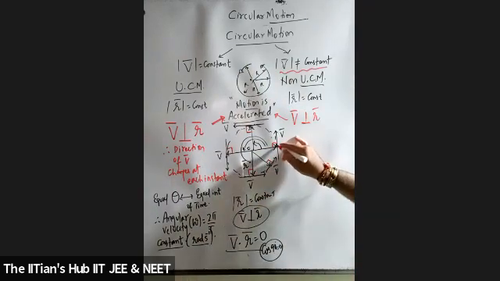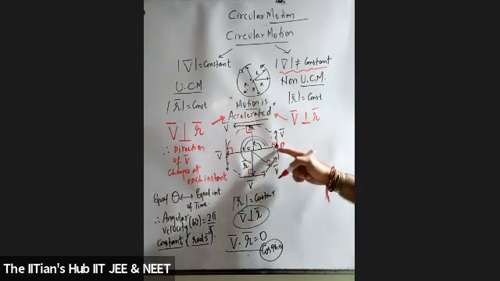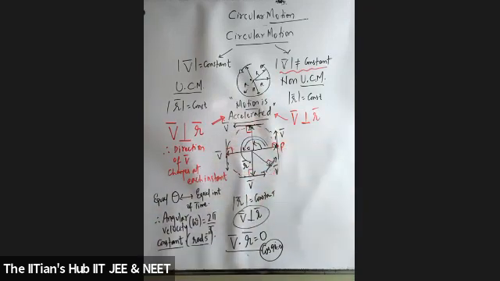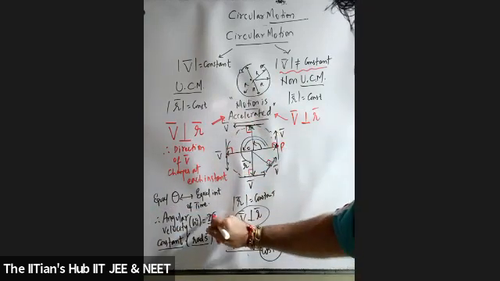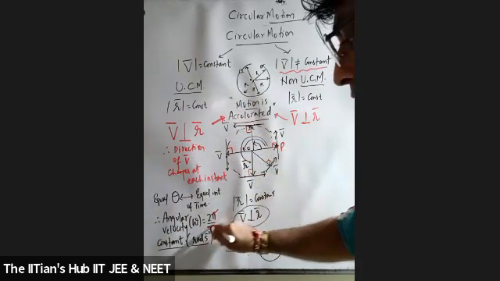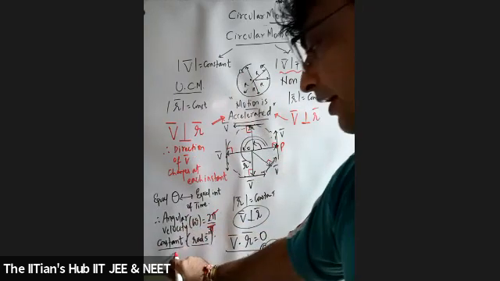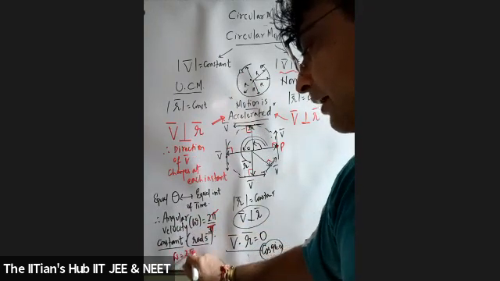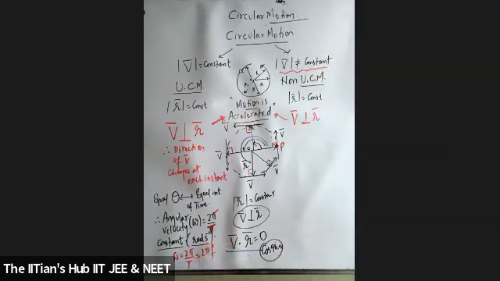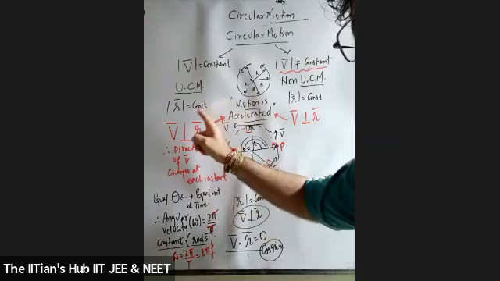Let us say the particle starts from point P. It goes all the way along the circumference and comes back to point P. So can you tell me what is the total angle traced by it? 2 pi. What is the time taken for this complete motion? Period. What's my formula for omega? 2 pi by T. So can I say omega is 2 pi by T, or 2 pi f. And what is the unit? Radian per second. But is omega constant for UCM?